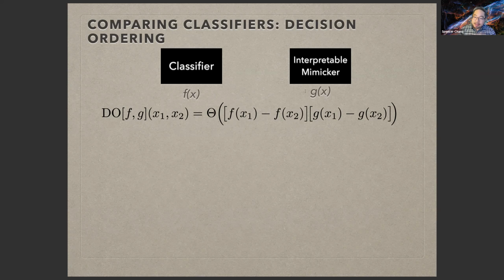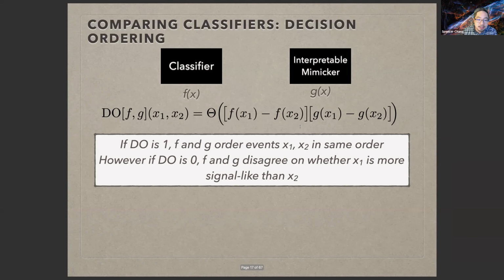It doesn't care about the magnitude of the difference, it's just the sign of the difference. So it's really just saying, if I was to order the size of f for x1 and x2, is it the same as for g of x1 and g of x2? So decision ordering 1 says that they order in the same way, and 0 if they disagree.